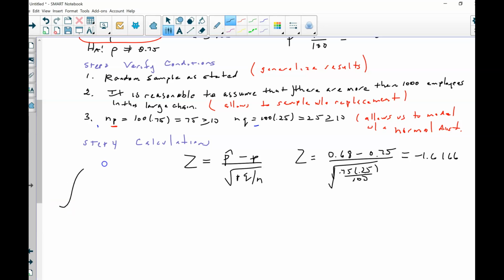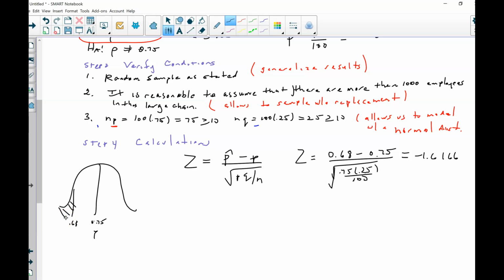And so let's continue. We have to calculate the p-value, but it's really helpful to draw a diagram. So we draw a bell curve. Our mean of the sampling distribution is p, which is 0.75. And we ended up getting a test result of 0.68. And remember, we're looking at the not equal case.